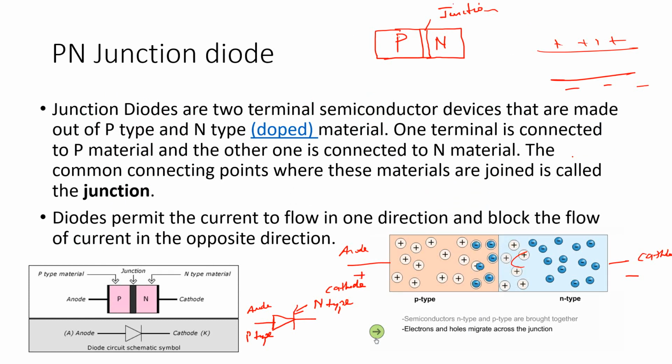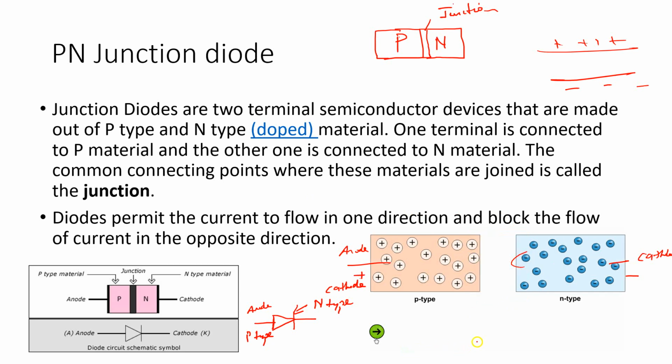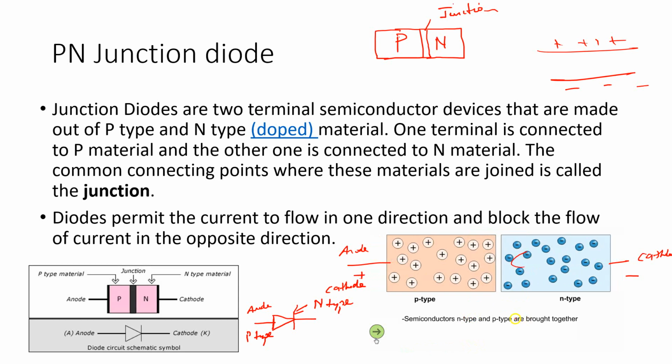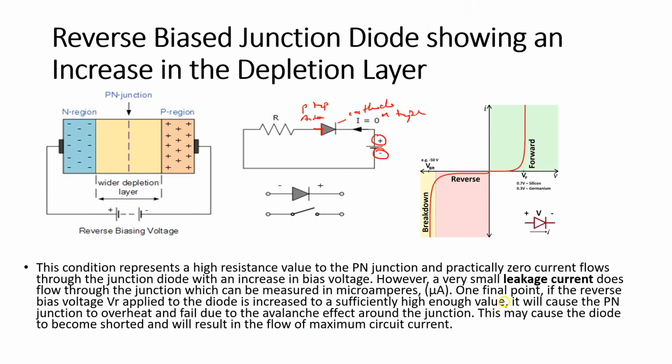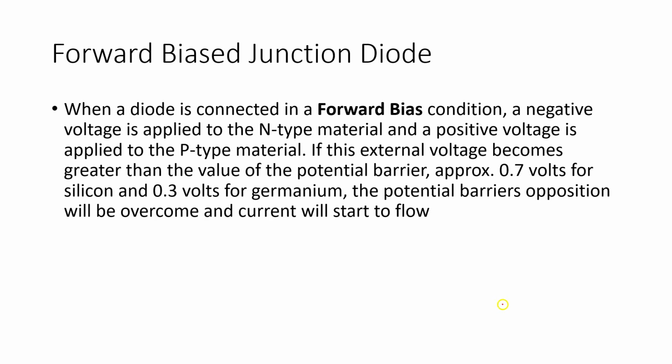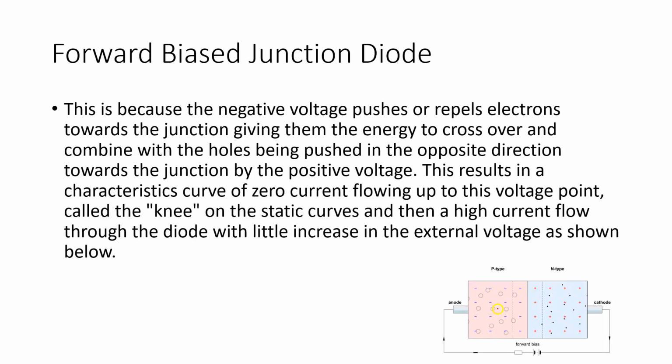If you check back this diagram here, because electrons are on this side and holes are on this side, it creates a potential difference, or a potential barrier. Before the diode can operate, it must overcome the potential barrier.